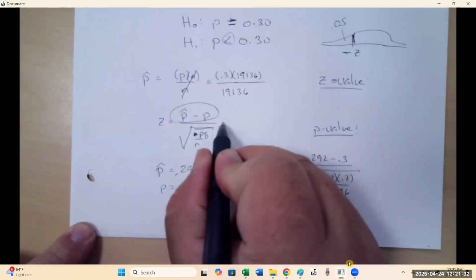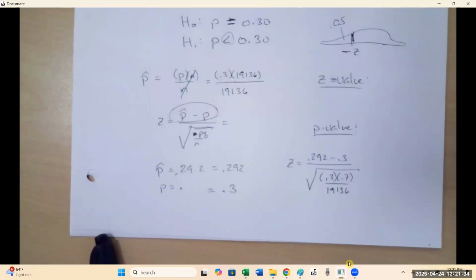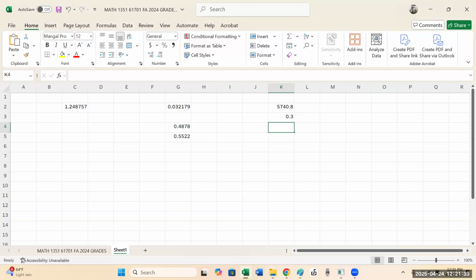Let's first find this one, because that's going to give us our critical value.